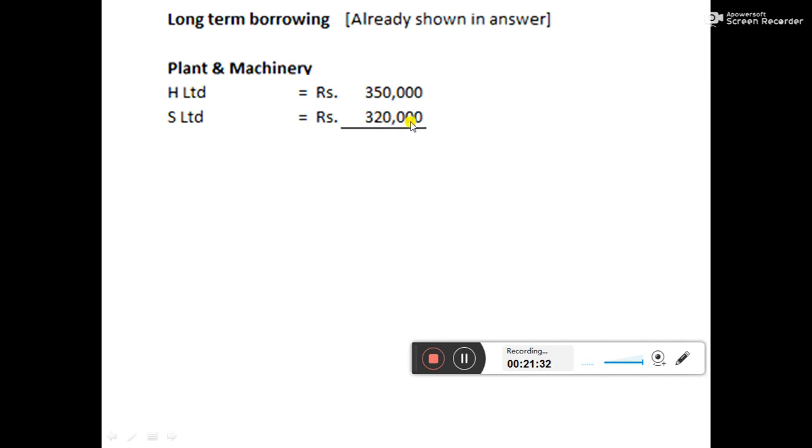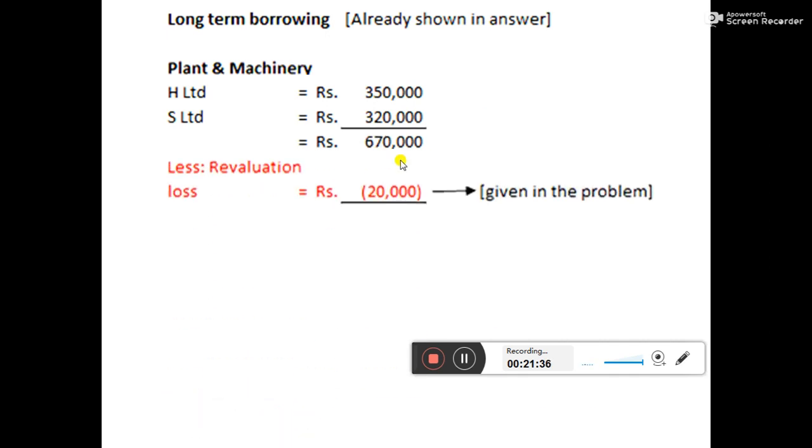So this 20,000 will be deducted. We can show the adjustment here, or separately we can show revaluation loss as 20,000. This is the second effect, and you will get the answer as 6,50,000. This figure 6,50,000 will come in notes to accounts, and then it will go to the balance sheet.